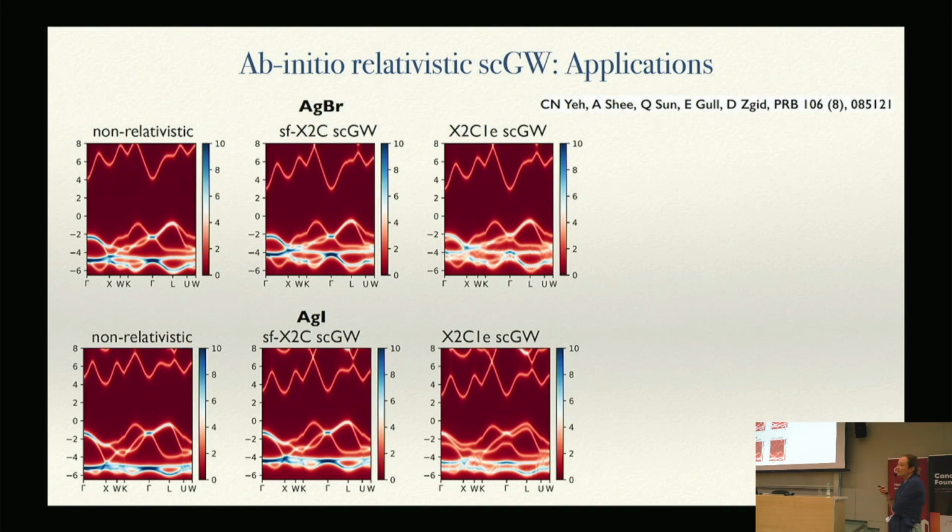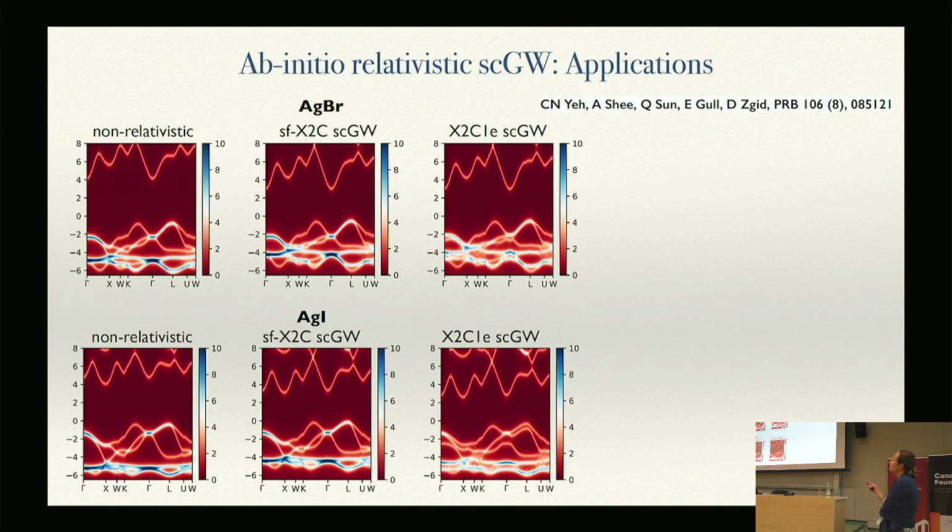If you look now at solids, for example silver bromide, this is the non-relativistic result. You can see that the first level of the relativistic result is called spin-free. That does not yet include spin-orbit coupling. You can see that this unoccupied band goes down, so it changes the band gap.